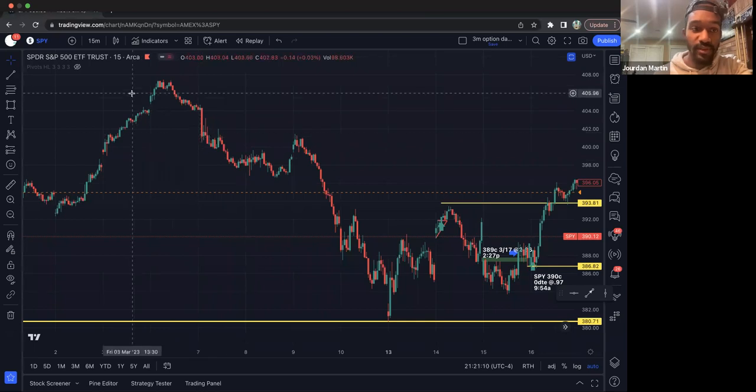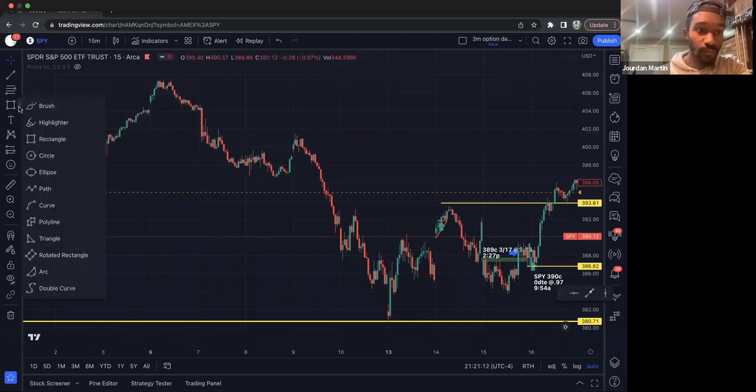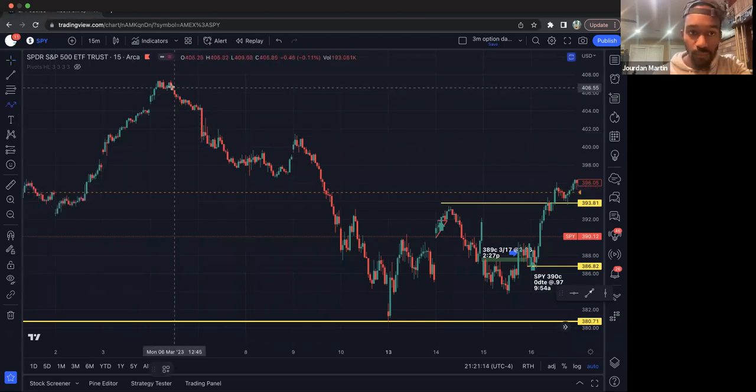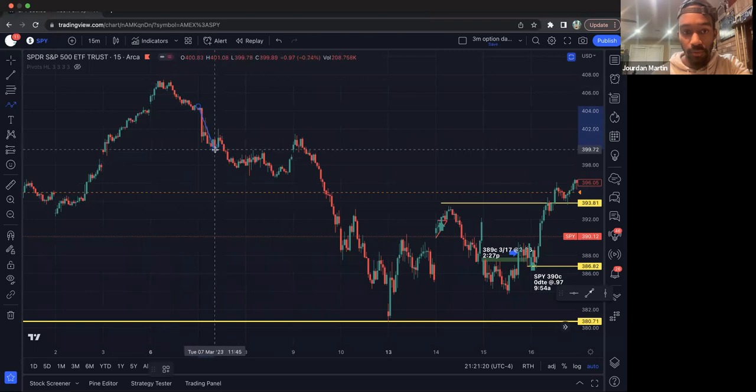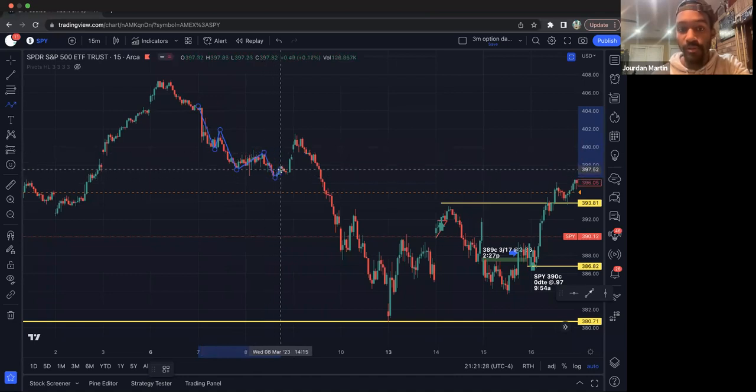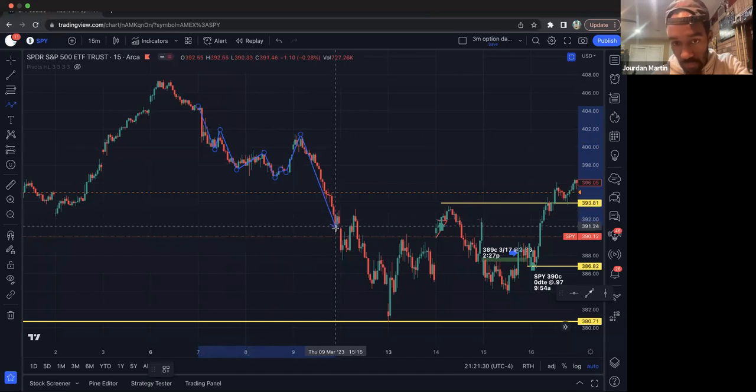Every time we have a new low, the market moves up and down. Every time we have a new low, a high comes up, and then we make a new move down, and then we get another high, another low. So we make these little movements, right?